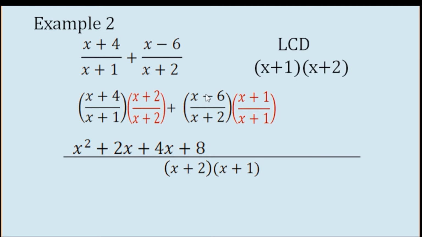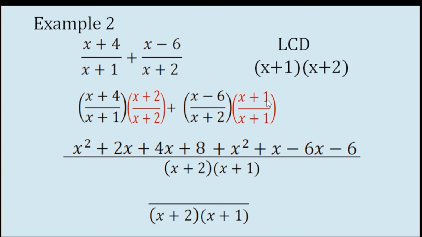In the same manner, we also perform x times x, x times 1, negative 6 times x, negative 6 times 1. That gives us x squared plus x minus 6x minus 6. Now, we will collect like terms. X squared and x squared, that's going to be 2x squared.